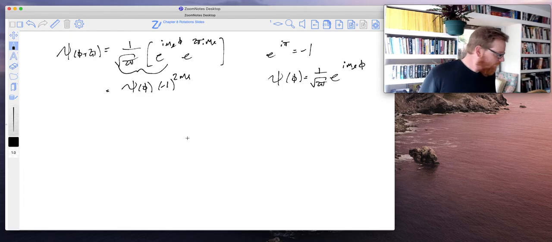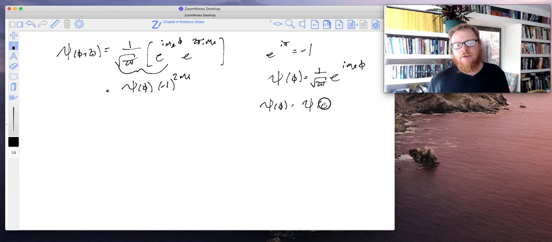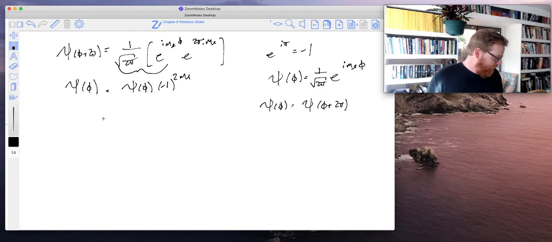Okay. So now, if I continue along here, and I recognize that my psi of phi plus 2 pi has to equal also psi of phi. So remember that boundary condition. Psi of phi has to equal psi of phi plus 2 pi. So now instead of writing this as psi of phi plus 2 pi, I can just write this as psi of phi.